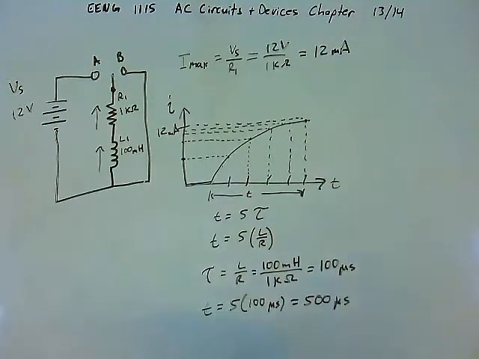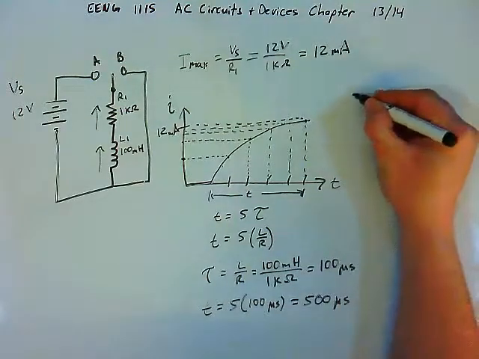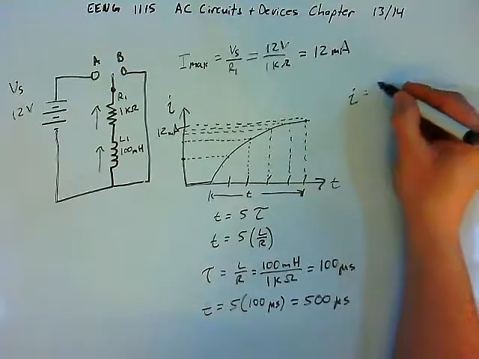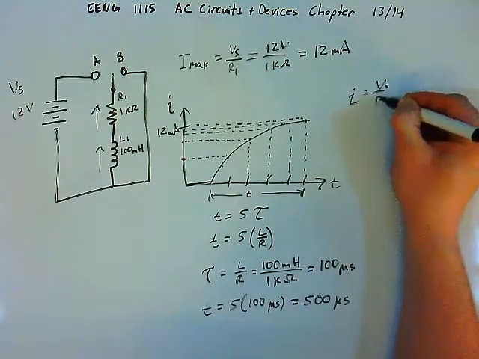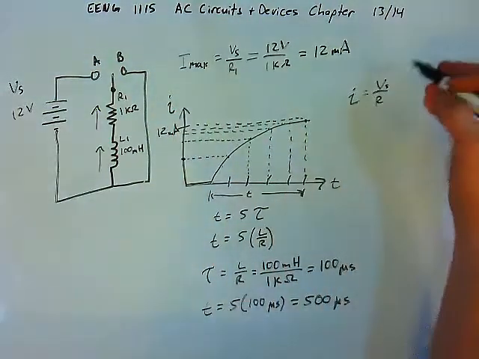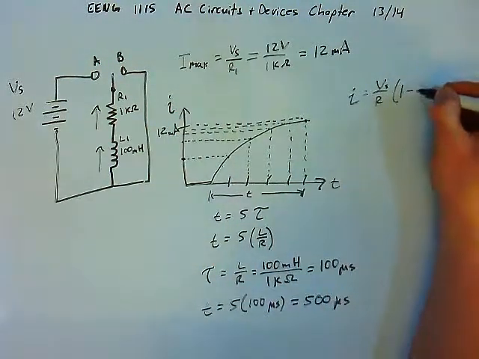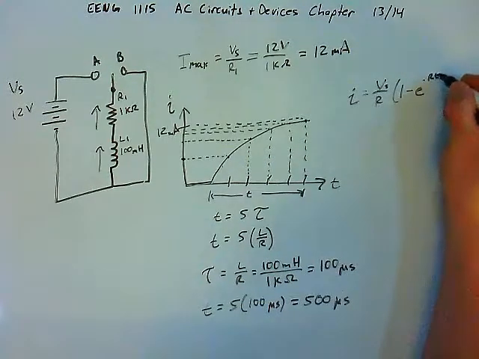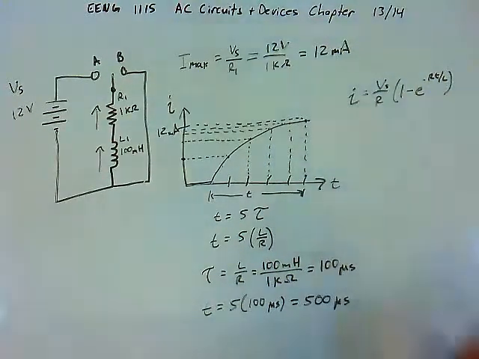And so we saw a formula, again, last semester in DC circuits, that says that the instantaneous current flowing in the circuit is equal to Vs over R, which is the maximum amount of current that can flow, times 1 minus e, which is Euler's number, to the negative R t over L power.